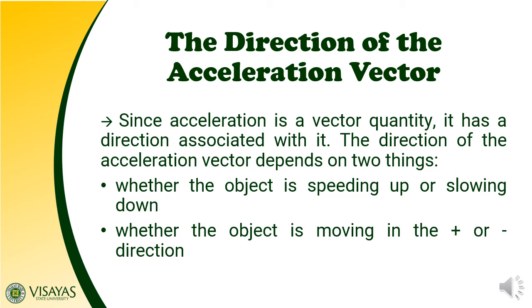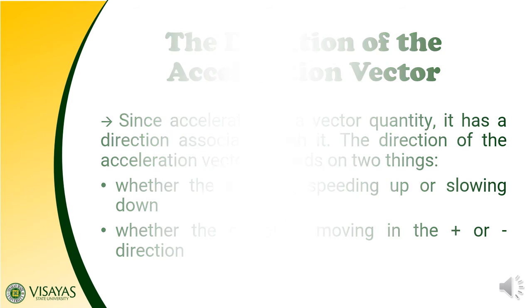So remember, the direction of the acceleration vector depends on these things, whether the object is speeding up or slowing down, and if the object is moving in the positive or negative direction. So remember these conditions. In determining the direction of the acceleration, we must remember this general principle.